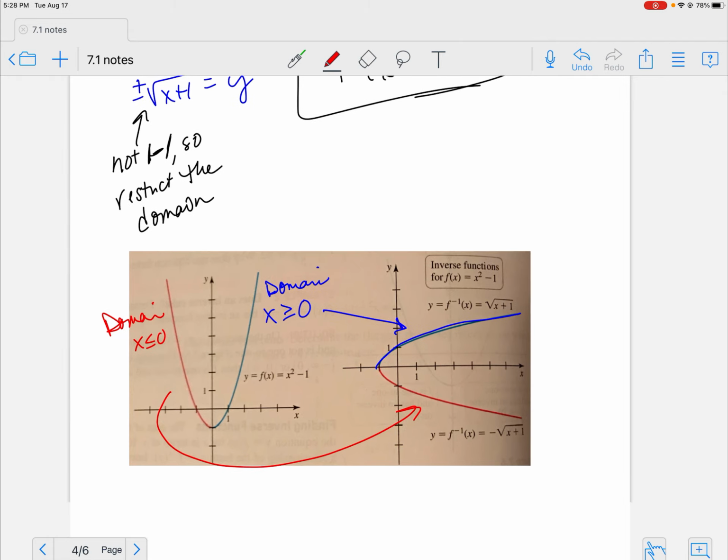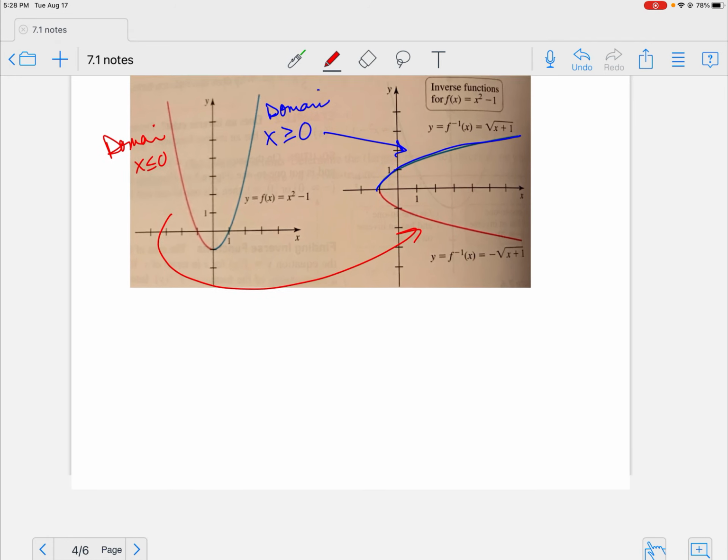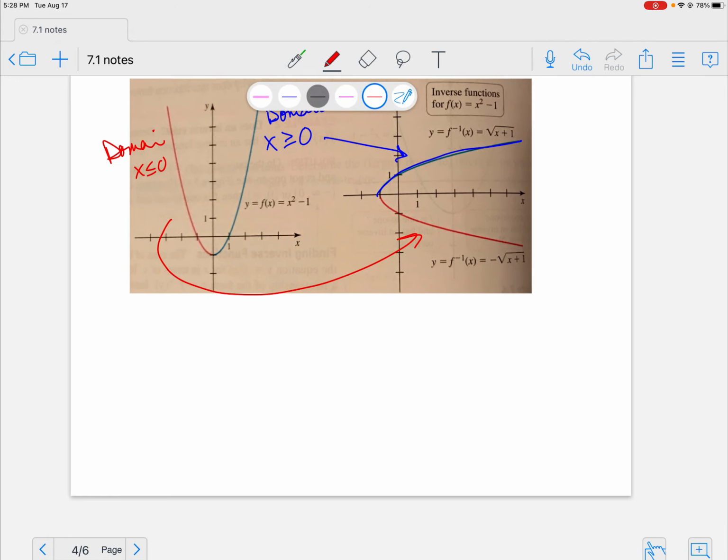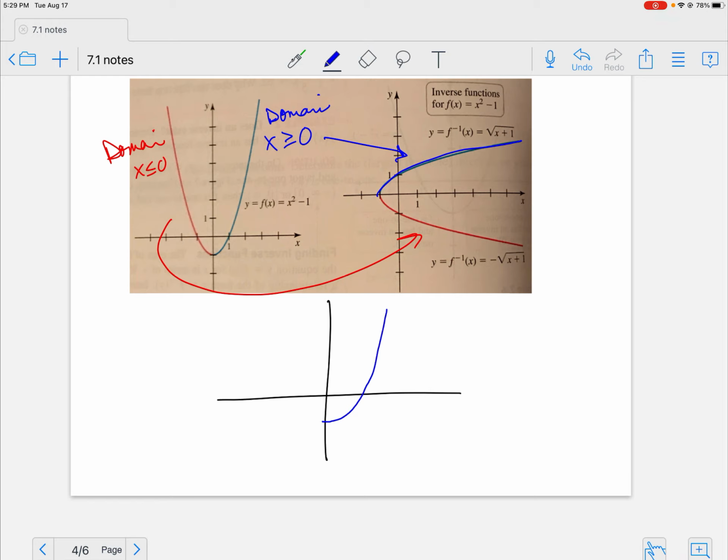If I were to graph this inverse function right here, just go with what we've got. So my blue function is this, where I'm restricting my domain where x is greater than or equal to 0.